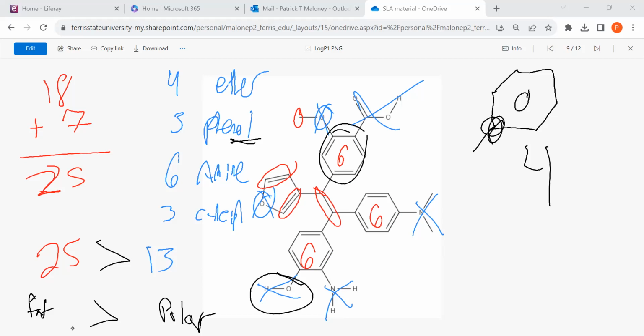Because you need to state the reference by which you're comparing it. If you're given just soluble, say which one it is. Say fat or say water, and then say yes or no. Because we have a ton of carbons, that means it is not going to dissolve in water, but it will cross membranes. So it is fat soluble. It is not water soluble.